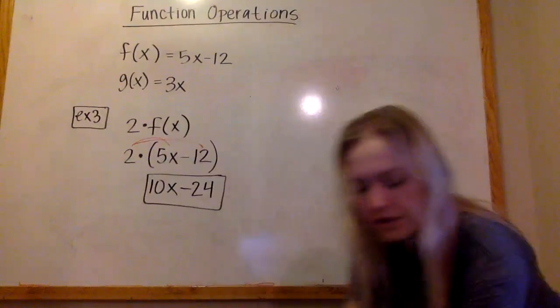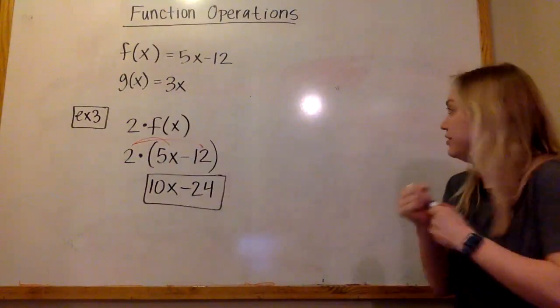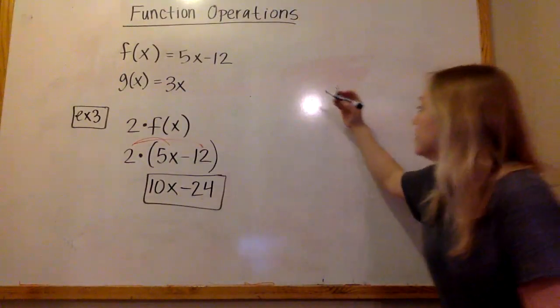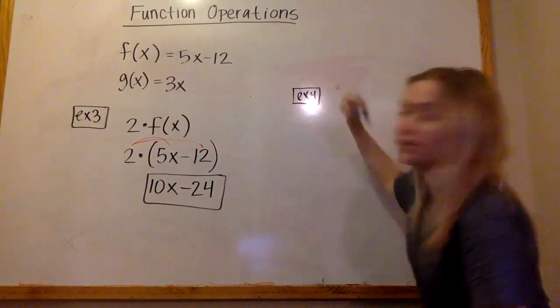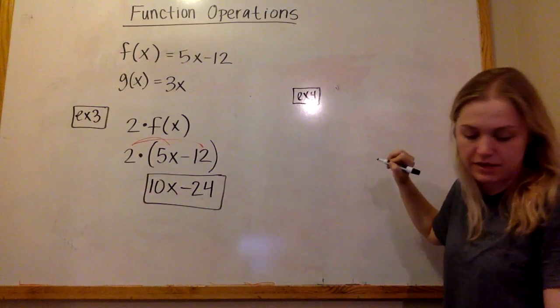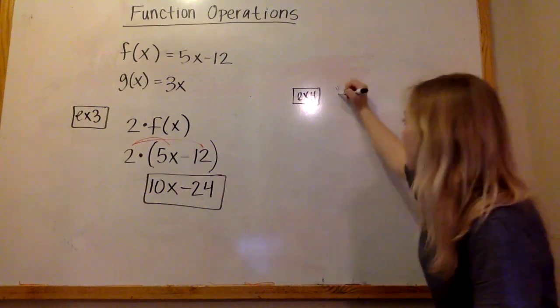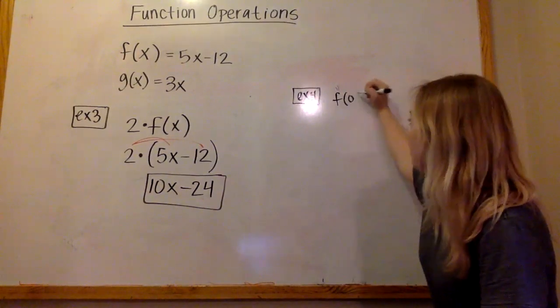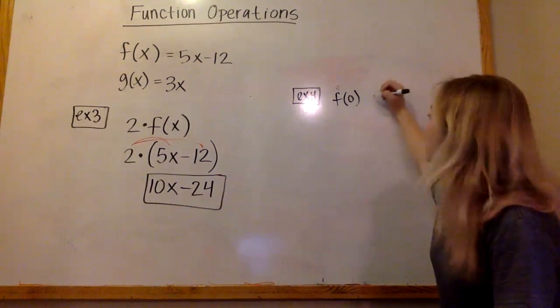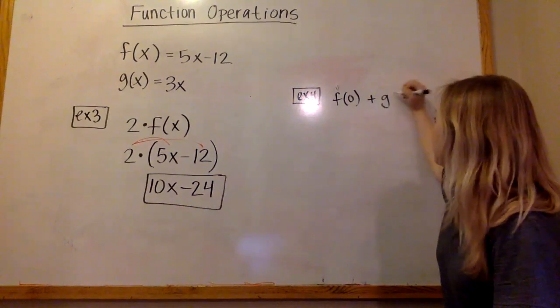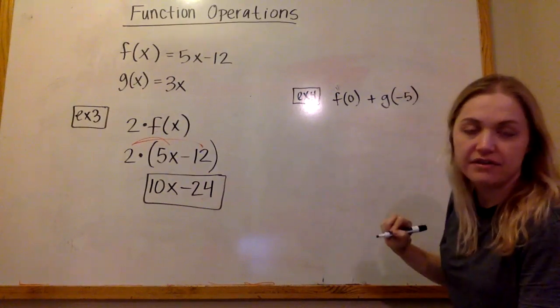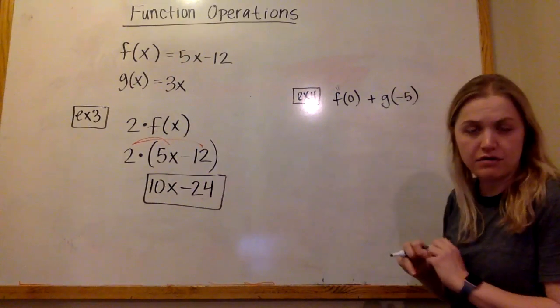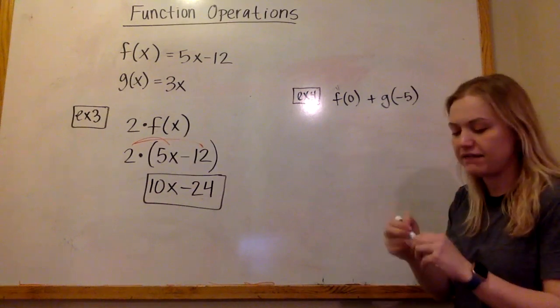So I want you to write down example 4. And we are going to write f of 0 plus g of negative 5. So f of 0 plus g of negative 5.